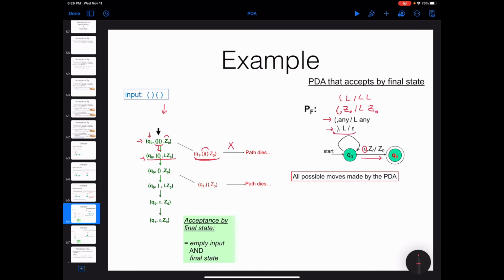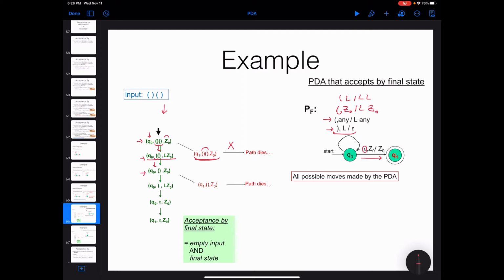You're at Q0, the top of the stack is L, and the next input symbol is a closing parenthesis. So you have to match it to the top of the stack, remove the L from the stack, and stay at Q0. So there is only one possible move here.